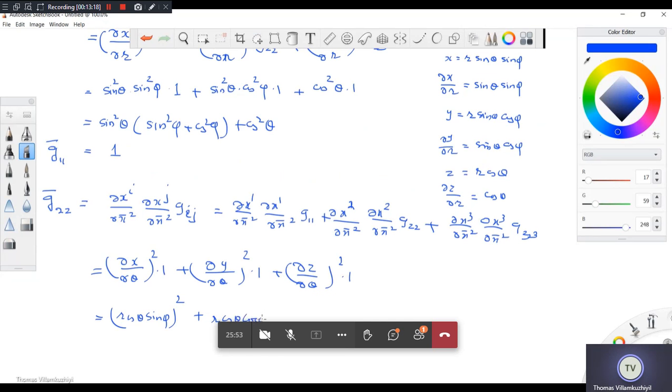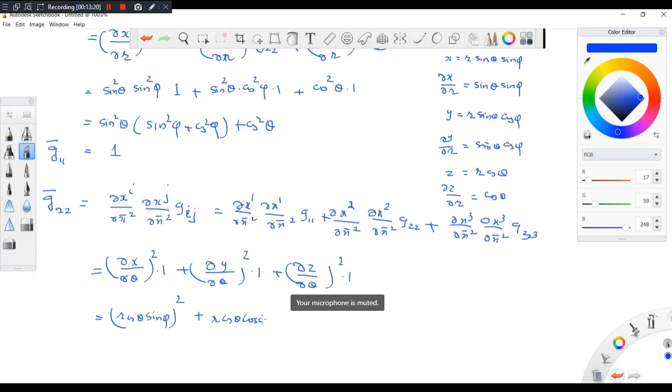So r² is common everywhere. So this will be cos² theta into (sin² phi plus cos² phi) plus sin² theta. So it is cos² theta plus sin² theta.